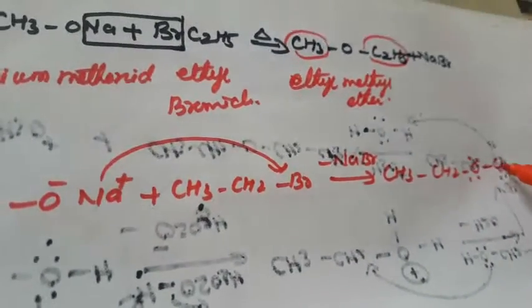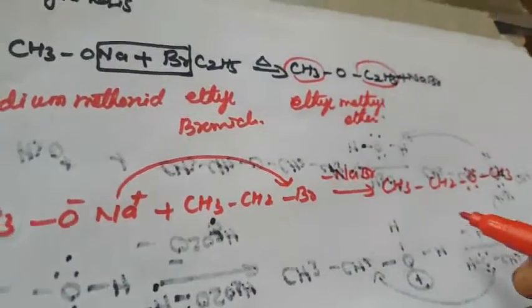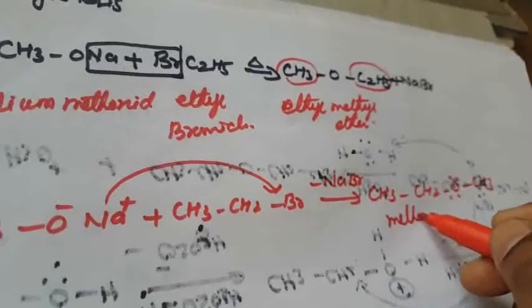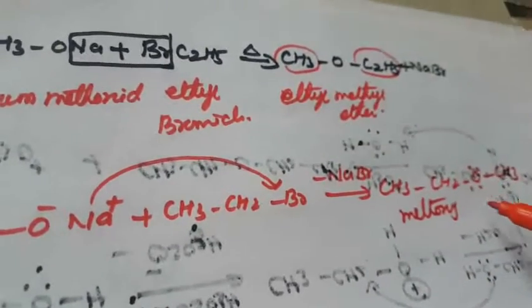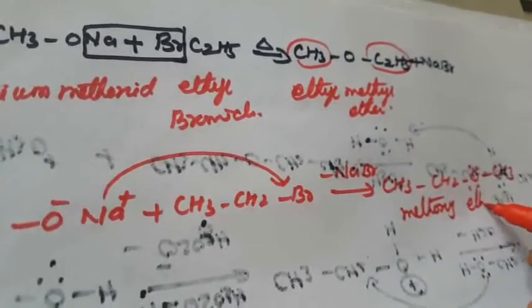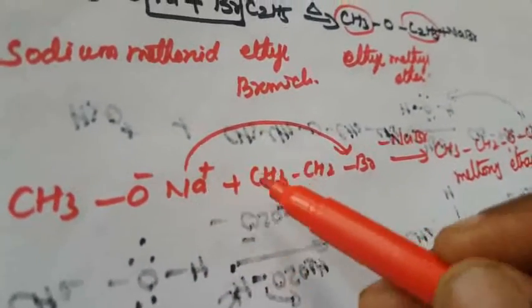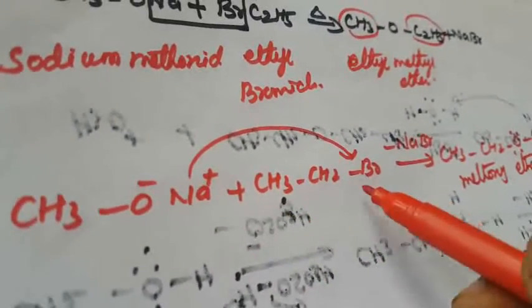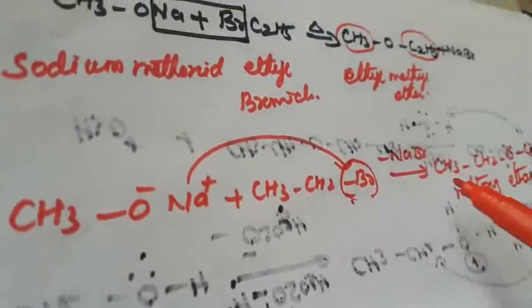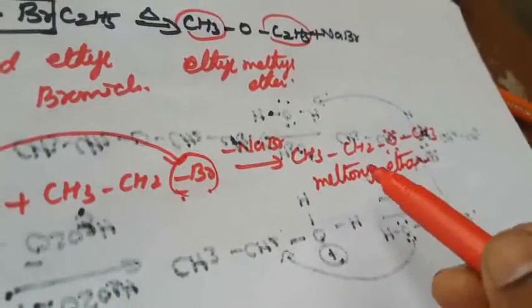Okay, this is called methoxyethane. Methoxyethane. So here the Na plus ion will attach to this Br, that is the negative charge. This sodium bromide is liberated, that is CH3CH2OCH3. Okay, so this is another one.